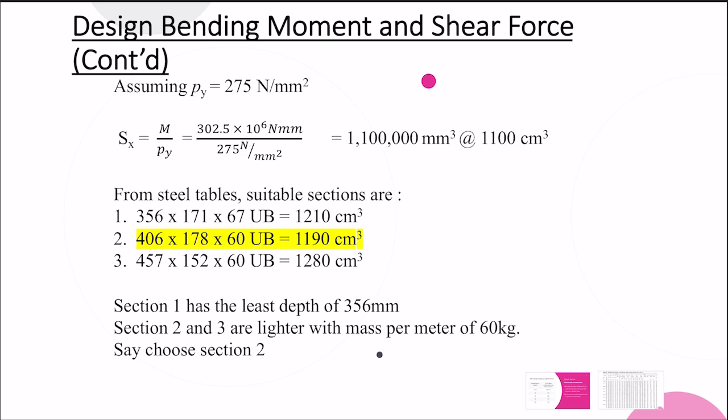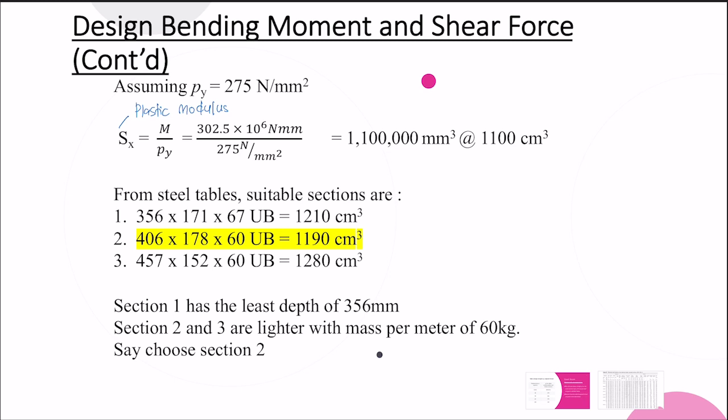Okay, but in order to get the section, we need to find the value of Sx, which is the plastic modulus, according to the moment value from the loading earlier, which is 302.5 that we calculated from the beginning.